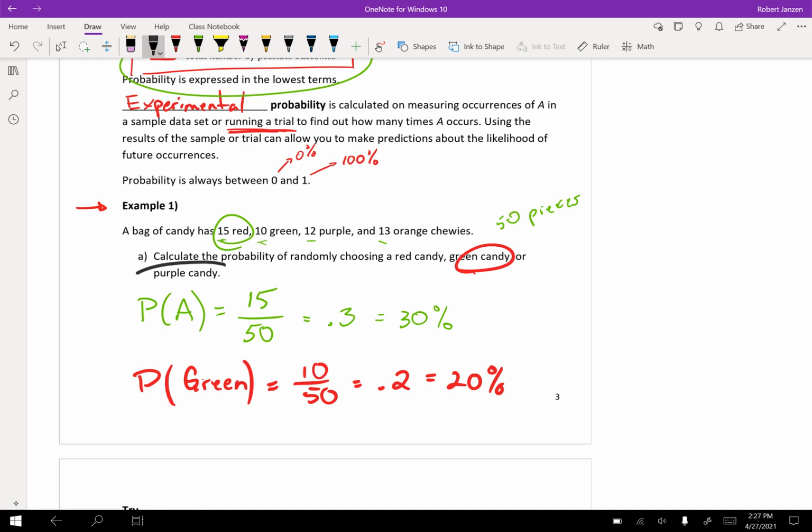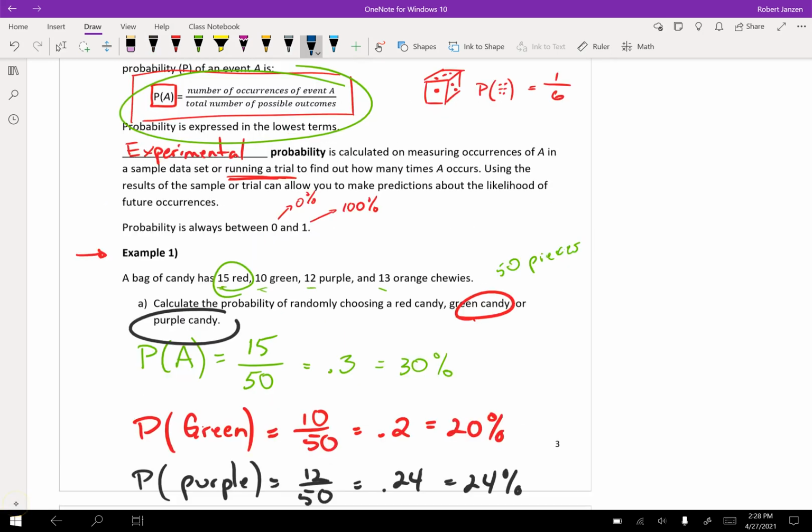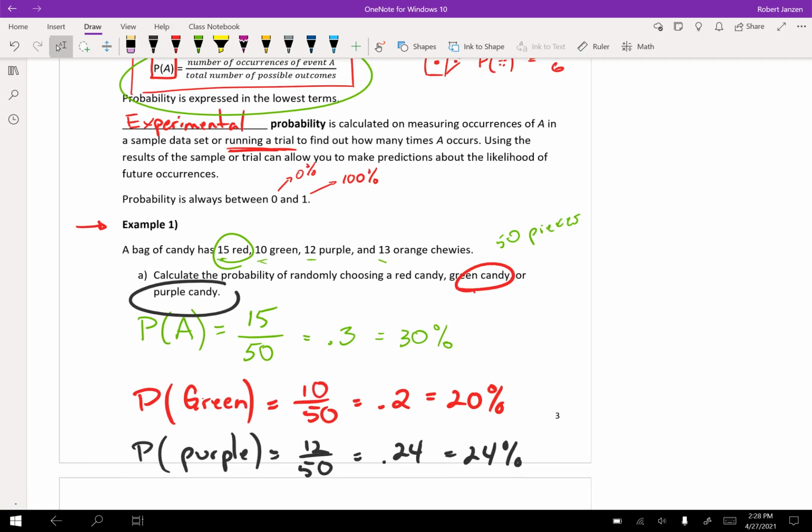What is the probability of purple? Well, there are 12 purple out of 50, so this is 0.24 or 24%. So that's the probability of each individual type of candy.